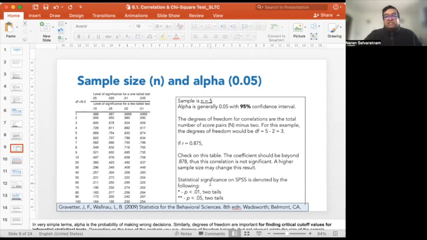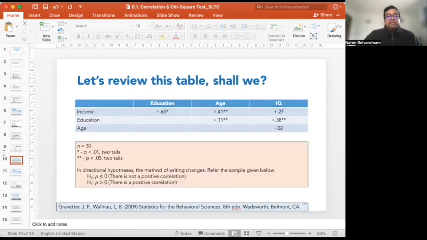Now, statistical significance in SPSS is denoted in two ways. When you run a correlation analysis, it will generate a table, and in this table, it will show 1 star if it is significant at 0.01 alpha, 2 tails, and 2 stars for 0.05, 2 tails. It will look something like this.